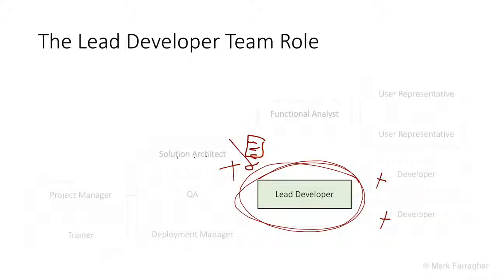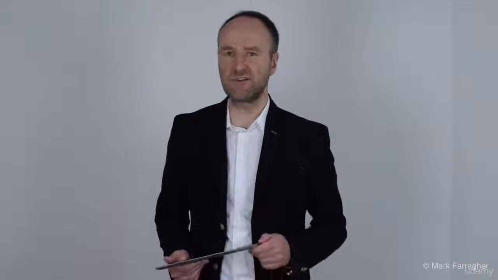Now the responsibility of the lead developer is to implement this design. Remember, the architecture design contains no code. It's a high-level description of what needs to be built. So the lead developer takes this design and implements it, writes all the code required to implement the architecture.